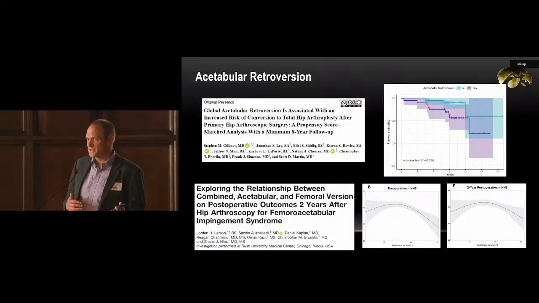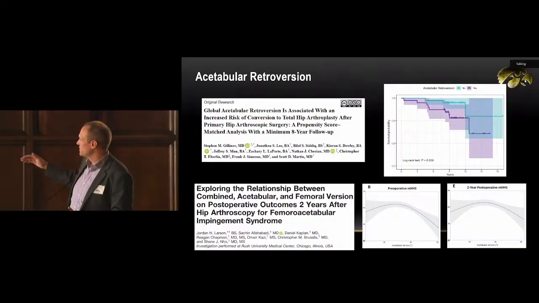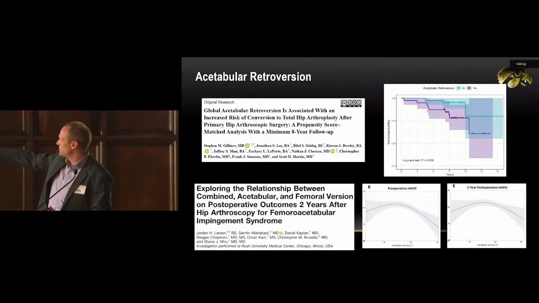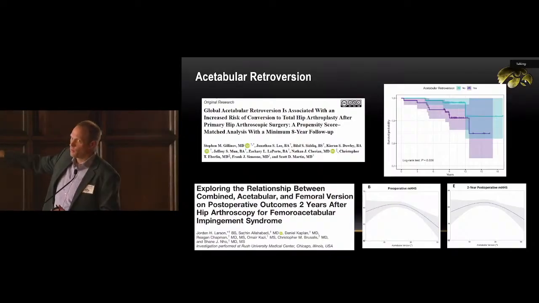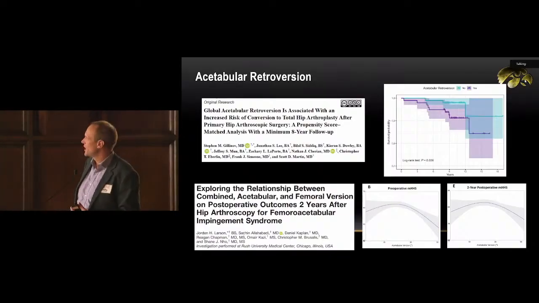They measured both acetabular and femoral version to see how that affected outcomes. And they found that patients with both low and high acetabular version had worse pain and disability pre-op as well as post-operatively. So there's definitely a contribution of acetabular version, both low and high, that negatively impacts outcomes of FAI surgery.